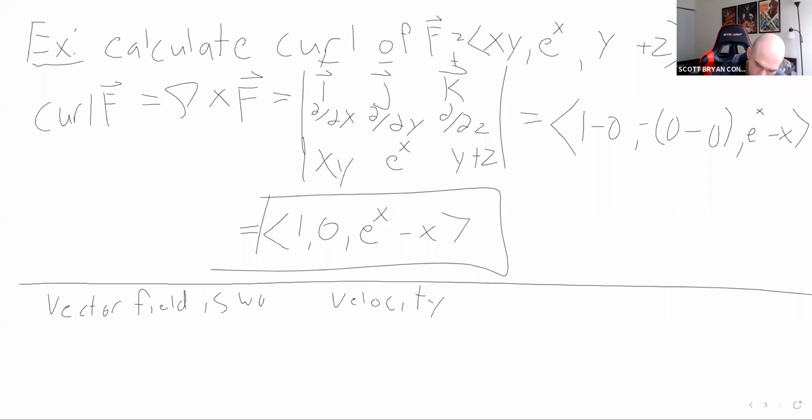Water velocity is fine. So think of a current. At each point in the water, you can look at the velocity of the water at that point, how the current's flowing.